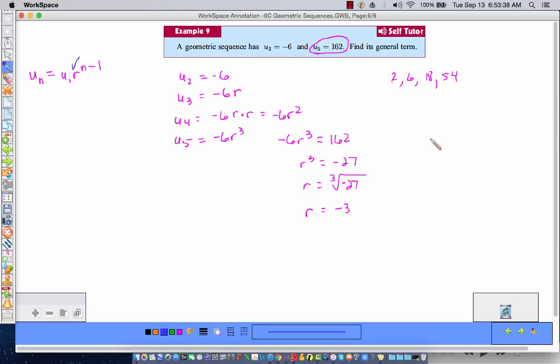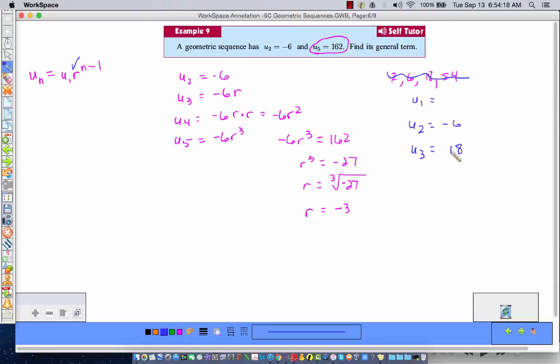So remember, let's just think about this real quick. U sub 2 equals -6, correct? And so U sub 3 would be equal to -6 times the common ratio, -3, which is 18, right? But we need U sub 1. If I'm multiplying by -3 to move to the right along the sequence, then to move backwards, I would divide by -3 or multiply by -1/3.